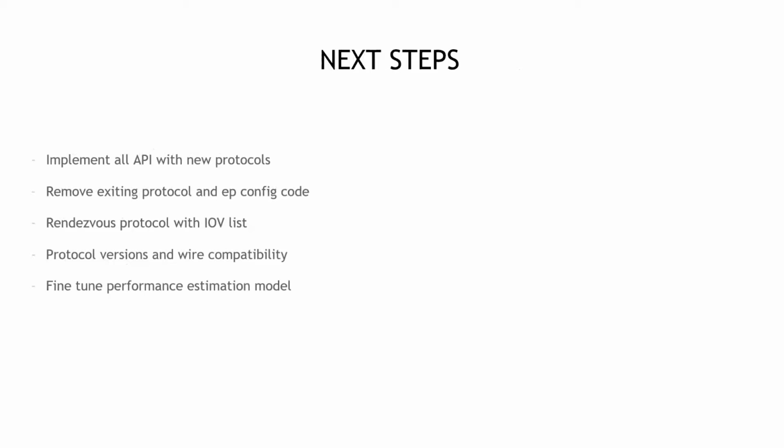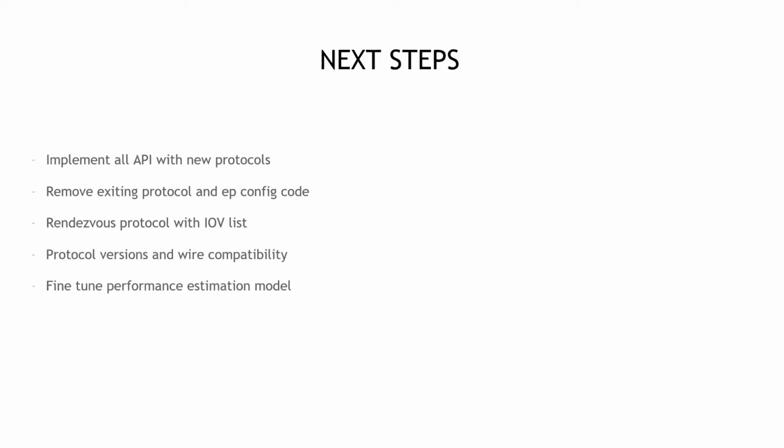And further steps are to implement all APIs, remove the current code which handles the endpoint configuration, basically clean up most of the endpoint configuration structures. And we also have a plan to support a rendezvous with IOV list. And we can use these protocols as a basis for wire compatibility.